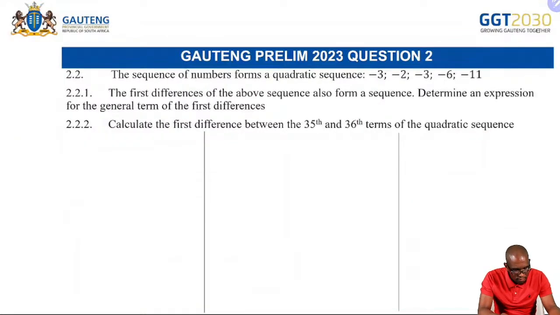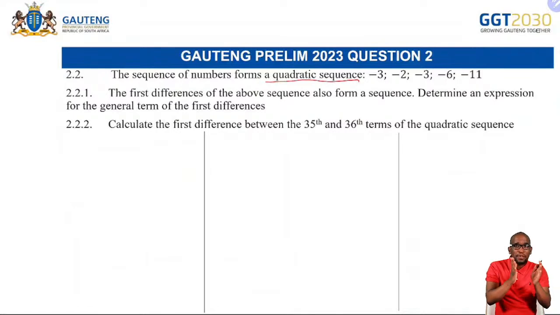Now, the sequence of numbers forms a quadratic sequence. It's very, very important also here. You are told that the sequence is quadratic, so you are definitely sure that the second differences of this particular sequence are constant. Remember, a quadratic sequence is a parabolic sequence.